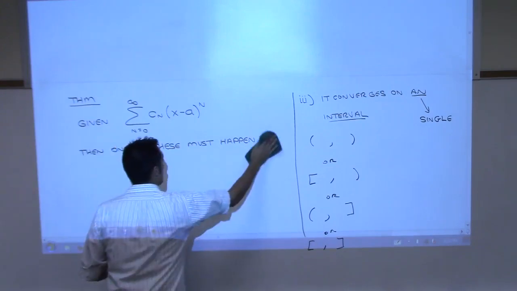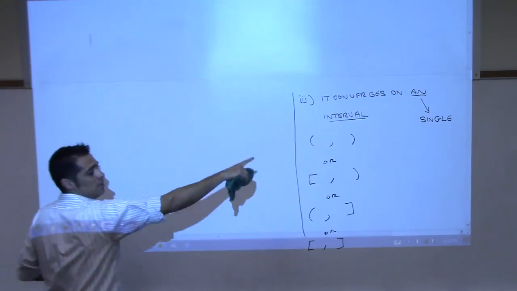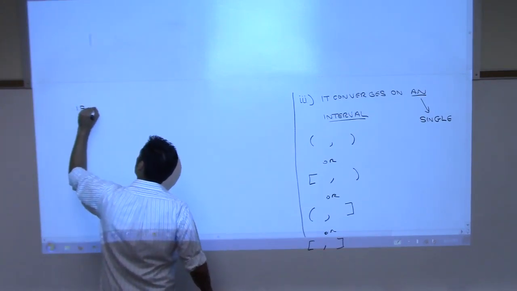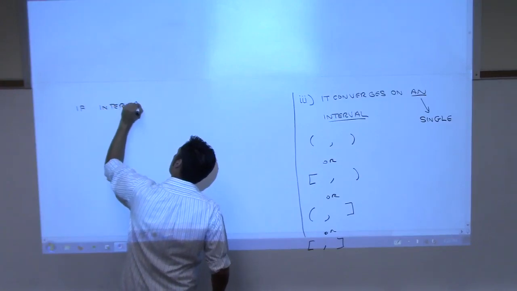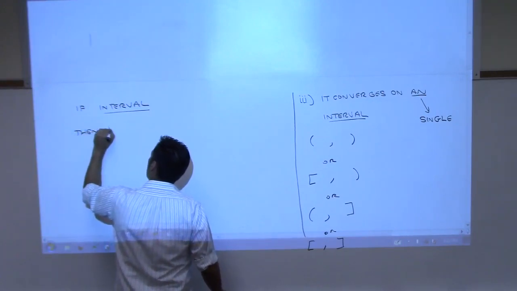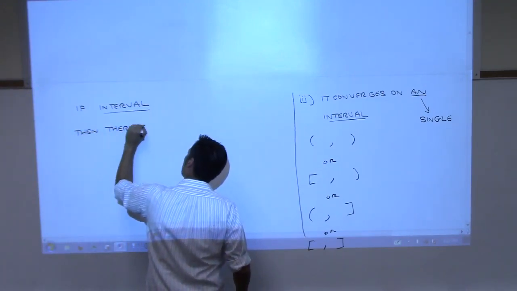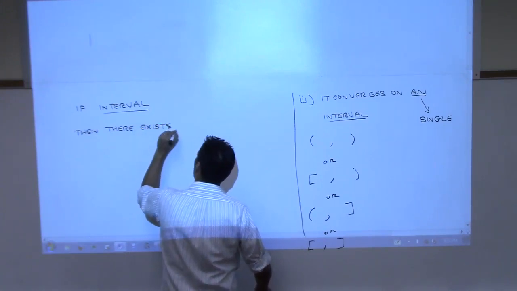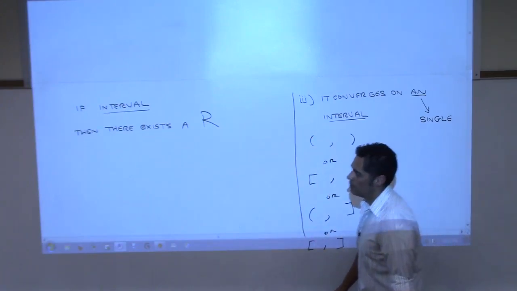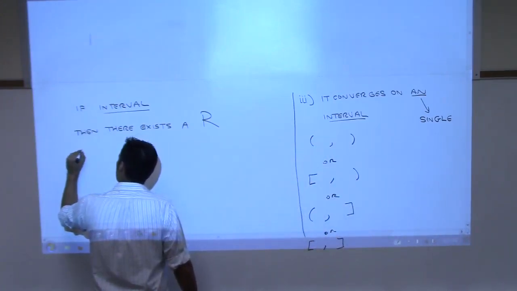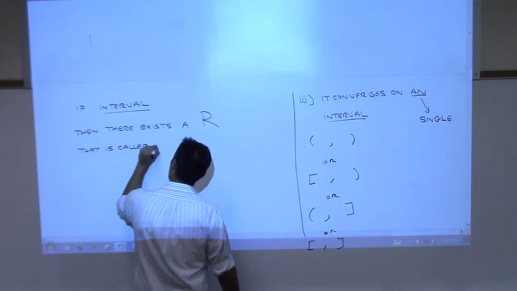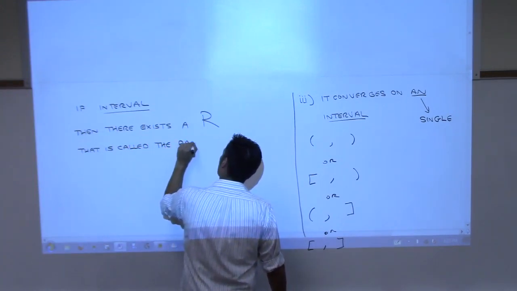But I still need to continue talking about the interval over here. Okay? So if we have an interval, then there exists a number, capital R, that is called the radius of convergence.